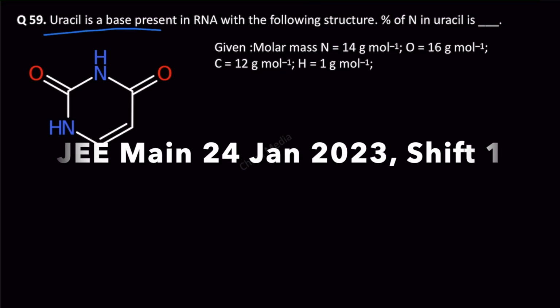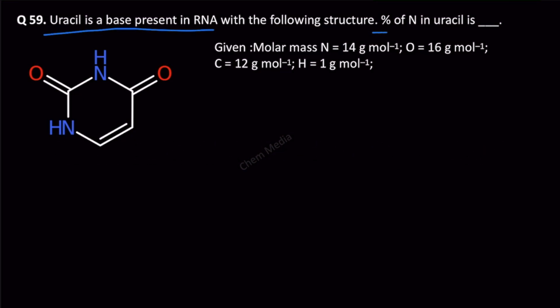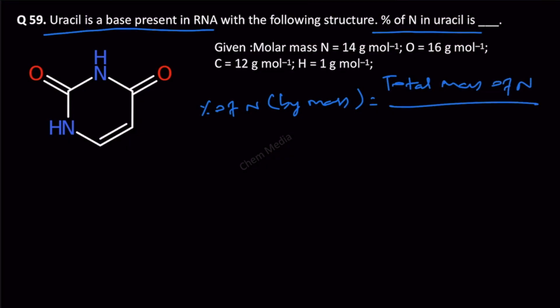Uracil is a base present in RNA with the following structure. Percentage of nitrogen in uracil is how much? Percentage of nitrogen by mass is equal to total mass of nitrogen in the molecule divided by molar mass of the molecule times 100, because it is percentage composition.